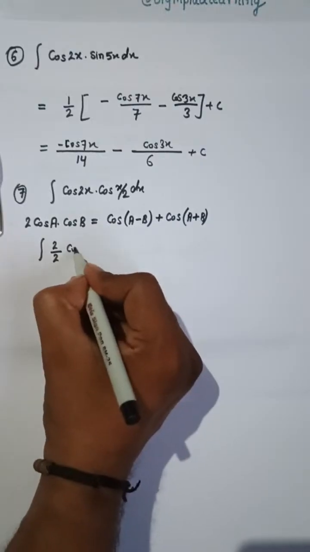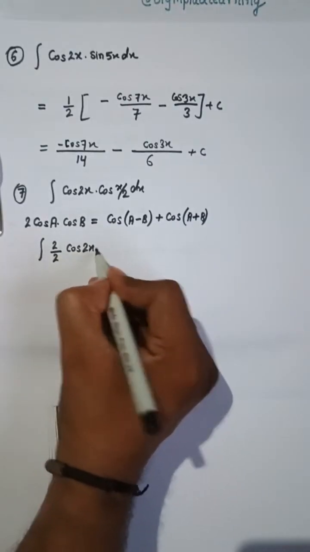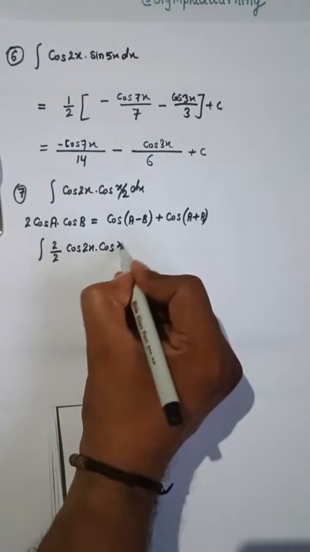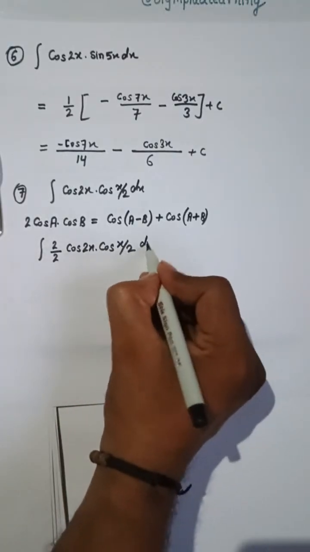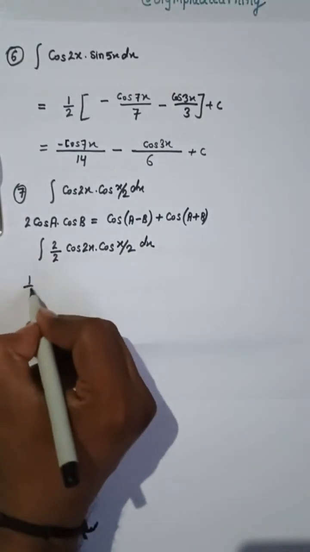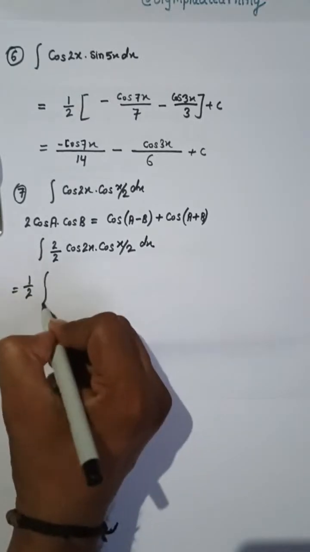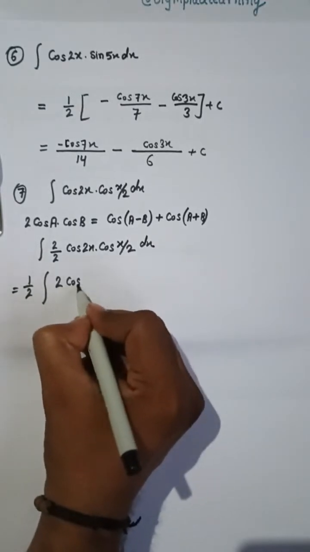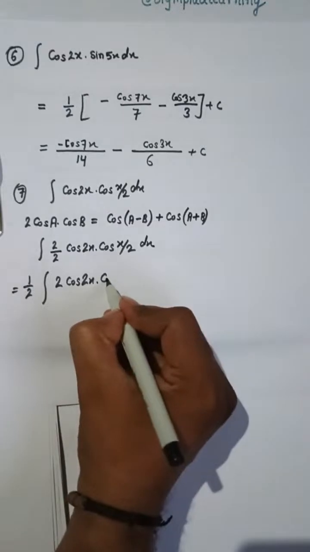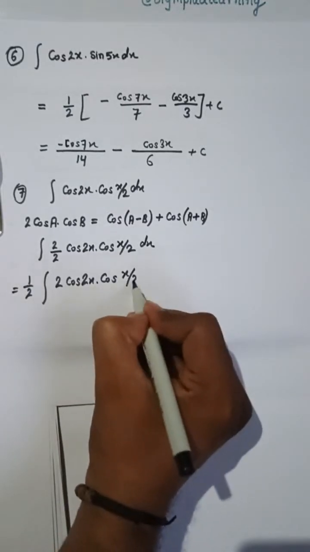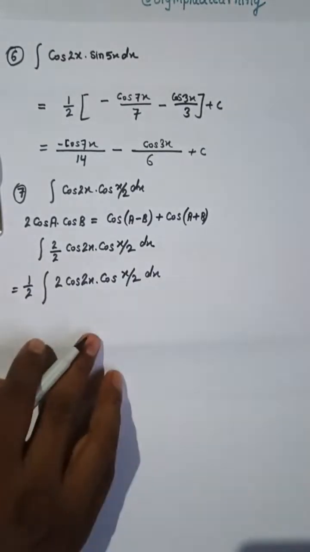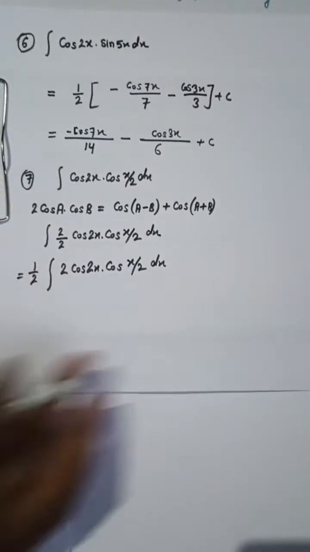So 2 cos 2x and then cos x by 2 and then dx. So this is 1 by 2 we are having, and then 2 cos 2x and cos x upon 2 and then dx. Clear? Yeah.